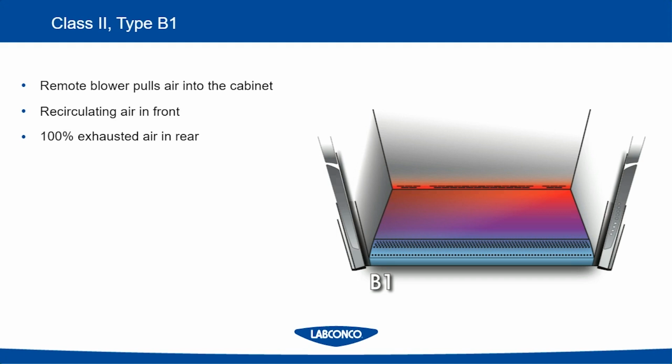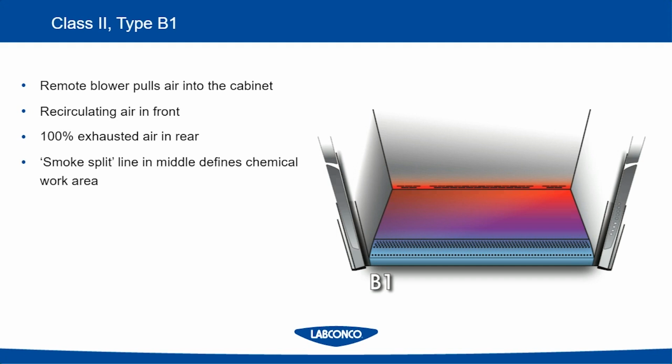Now, for a class 2 type B1, that happens to be this red area in the back of the cabinet. That's where we are provided 100% exhaust from our chemical usage. So, in this style of cabinet, if you wanted to use a larger volume of chemical, you'd want to make sure that your bottles were kept towards the back of the cabinet.